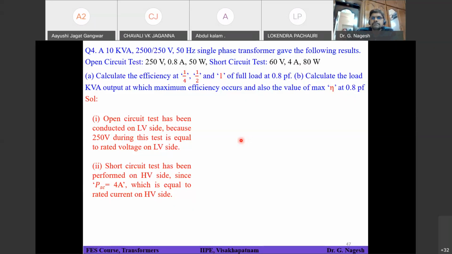Sir, 50 by 16. 50 by 16, sir. Anyone else who has a different answer from this? Sir, 80 by 16. Okay, yes, sir. Right. Anyone has a different answer from these three?